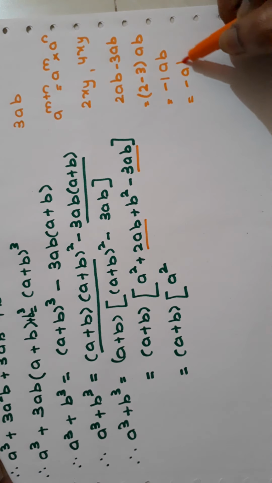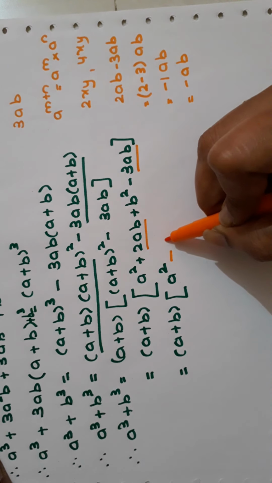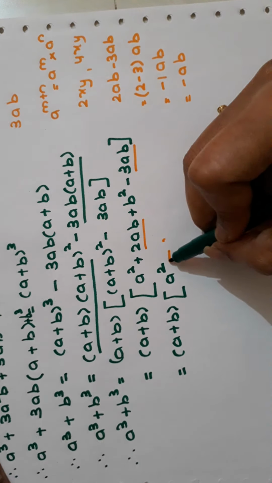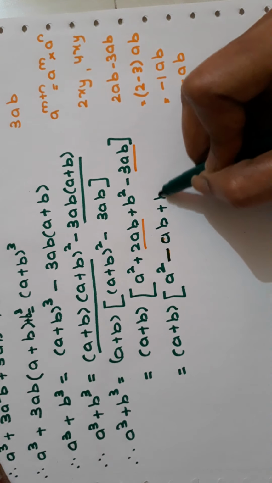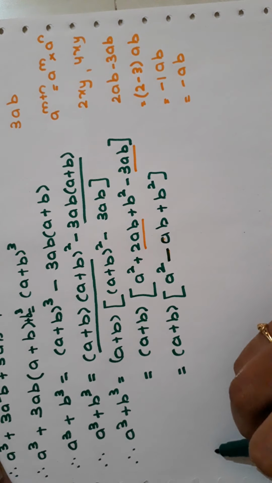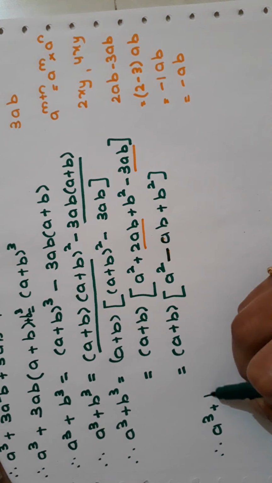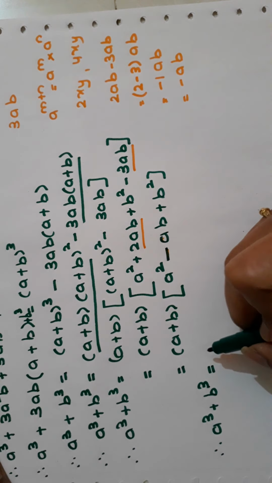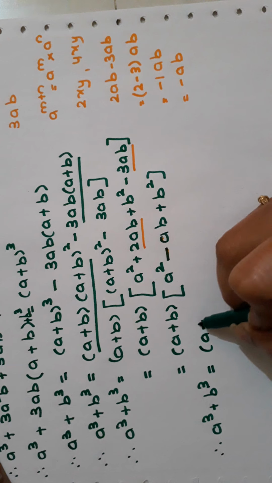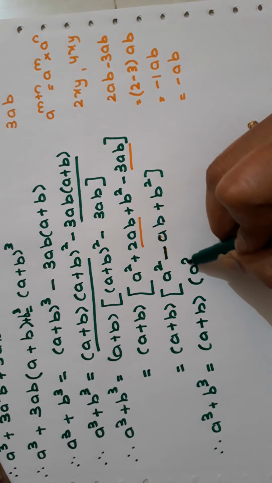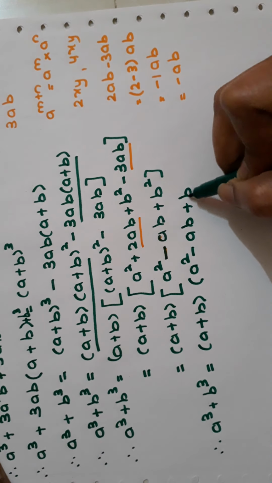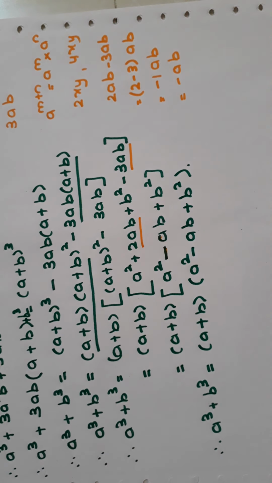So the answer is minus ab. A square minus ab plus b square. So the factors of a cube plus b cube are (a plus b) and (a square minus ab plus b square). For all algebraic expressions of the form a cube plus b cube, the factors are (a plus b) and (a square minus ab plus b square).